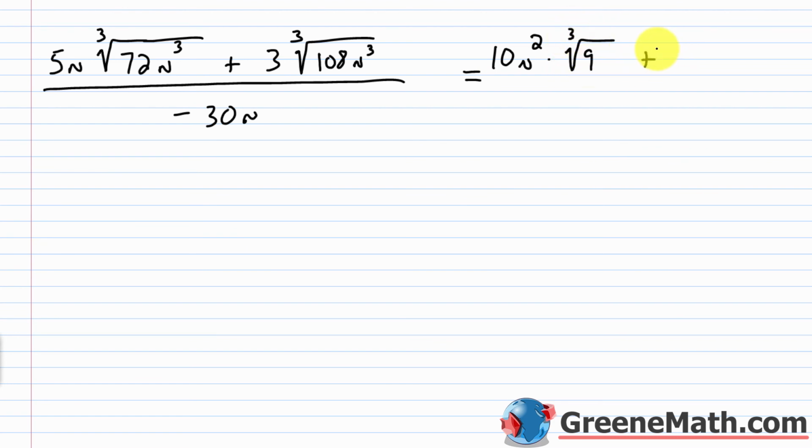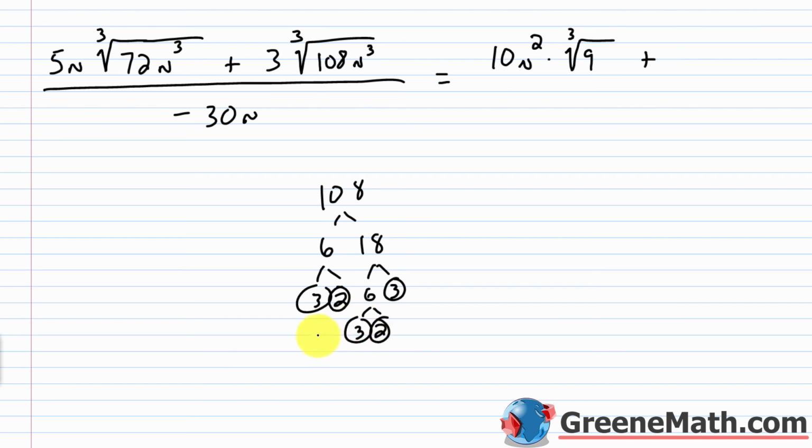Then you're going to have plus. Over here, we think about 108. Now, what is 108? It's divisible by 2. It's also divisible by 3. So we know it's divisible by 6. So let's factor it and say, if I divide 108 by 6, I would get 18. 6 is 3 times 2. 18 is 6 times 3. 6 is 3 times 2. You've got 3 factors of 3 and 2 factors of 2. So it's essentially 27, which is a perfect cube, times 4.